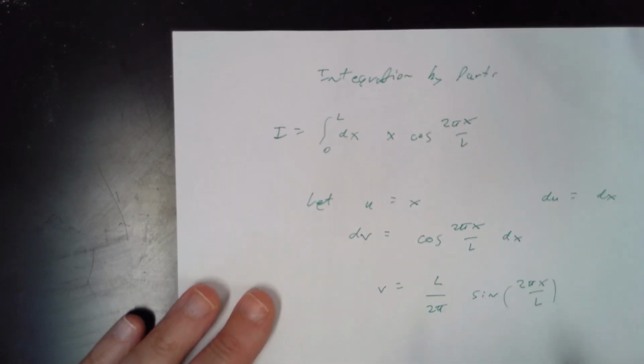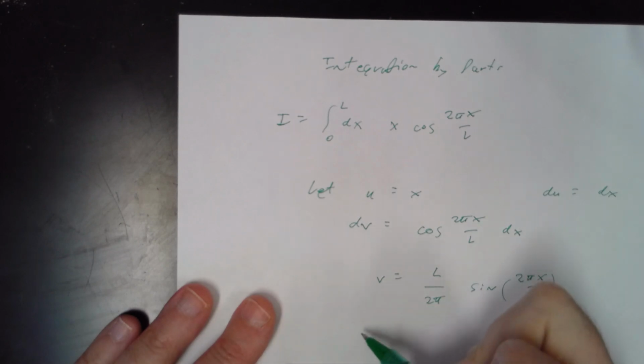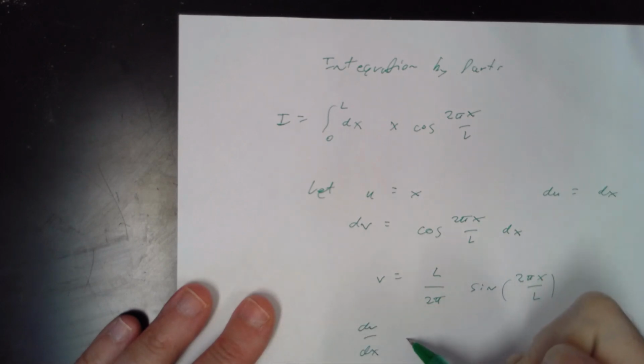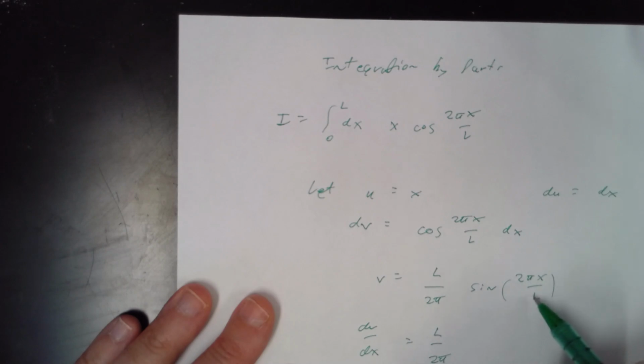And I can check that by differentiating, dv dx. Let's just check it. dv dx, if this is v, is L over 2 pi. Chain rule applied to this. The derivative of a sine is cosine of its argument.